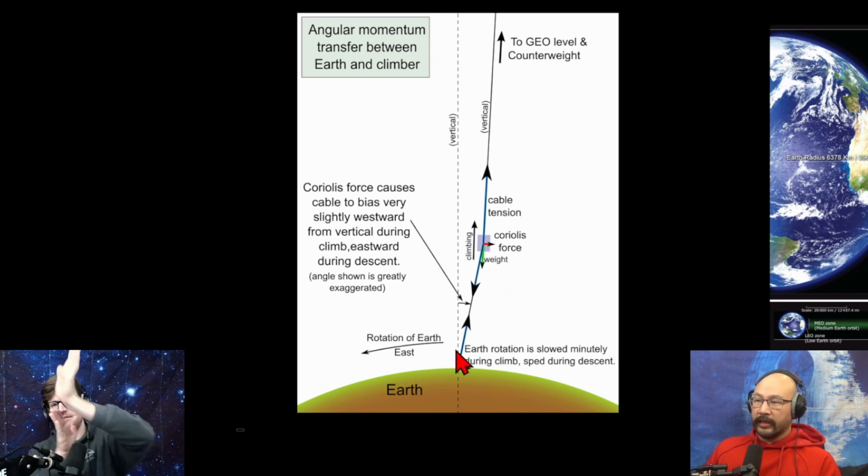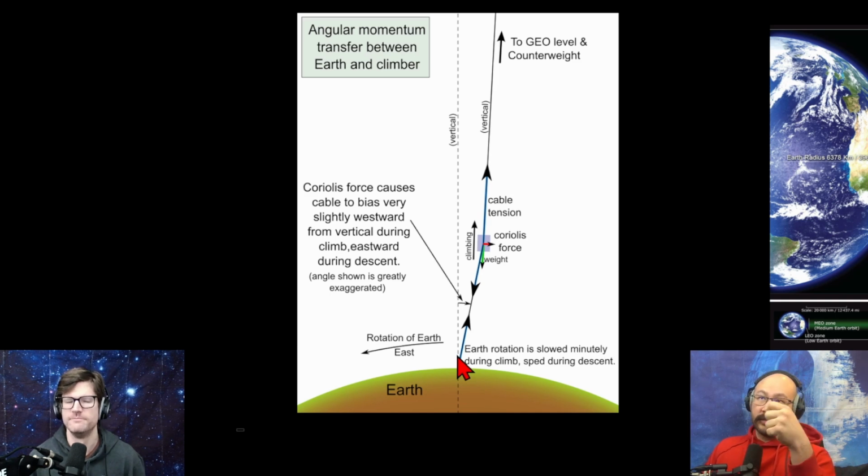You're saying ideally the cable should be straight up, the shortest distance from the Earth, but it's not rigid. It's a whip. Because the Earth is rotating underneath the cable, which I guess is the Coriolis effect, that makes the cable deflect.